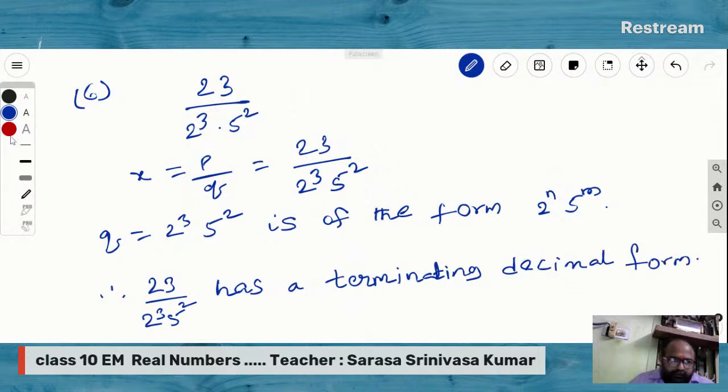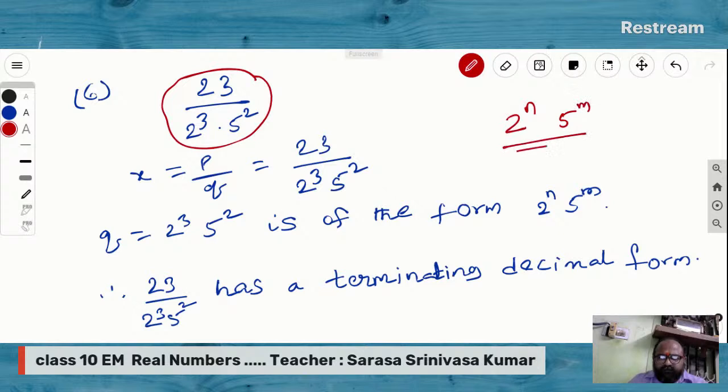So it is already given in the problem that 23 by 2 cube 5 square. We need not find prime factors for the denominator value. When it is already given, we can just verify whether it is in the form of 2 power n 5 power m.